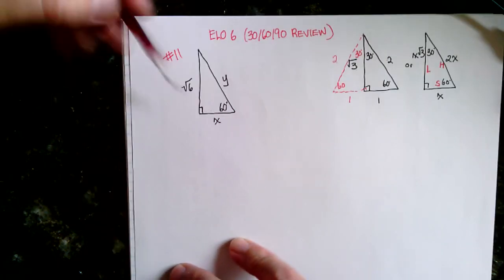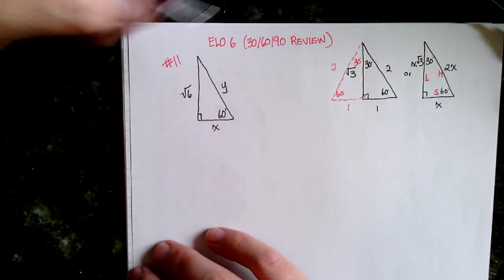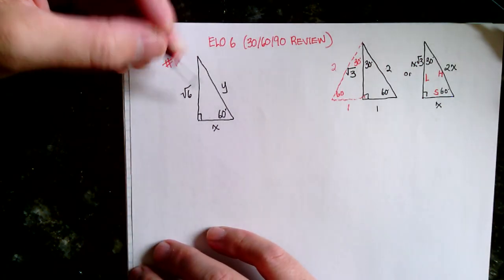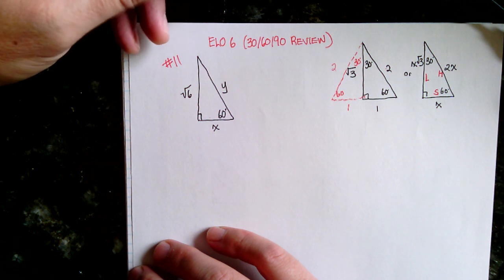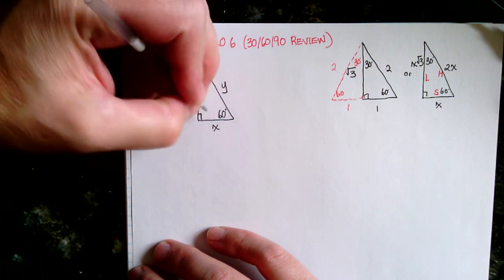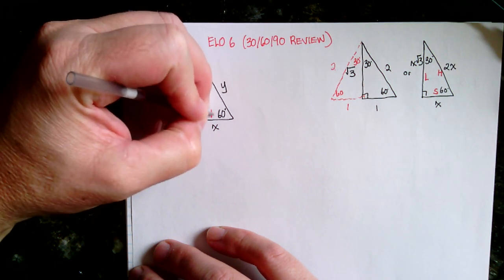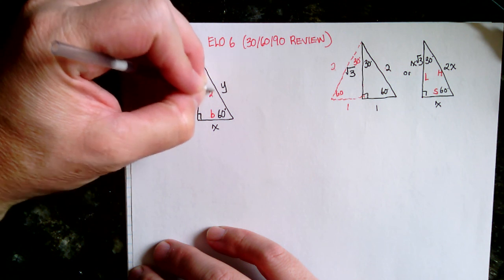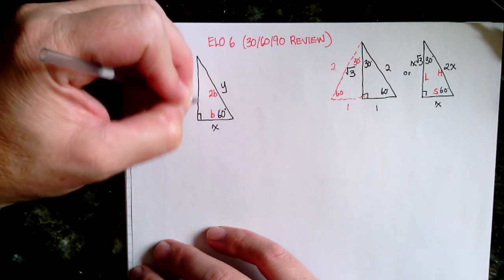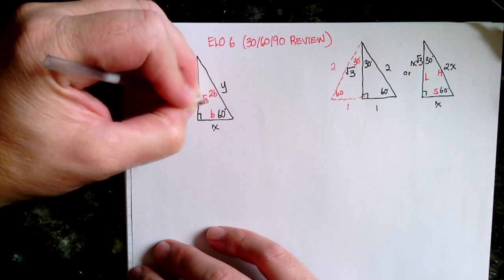So, a couple of ways to solve this problem. If this is root 6, and you use any variable, let's use the letter b, this side would be b, that's 2b, and this would be whatever b is times root 3.